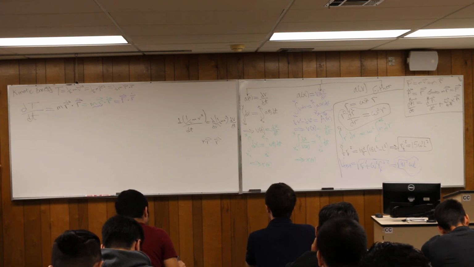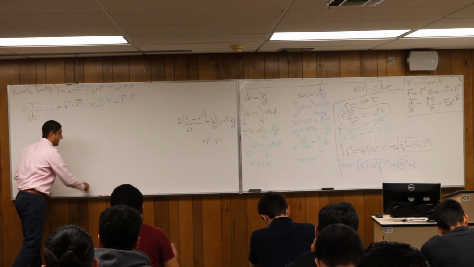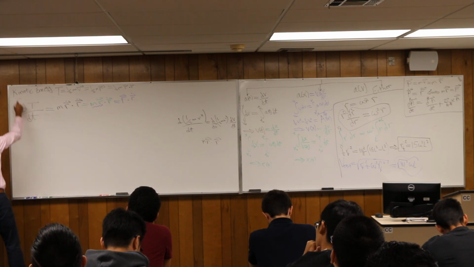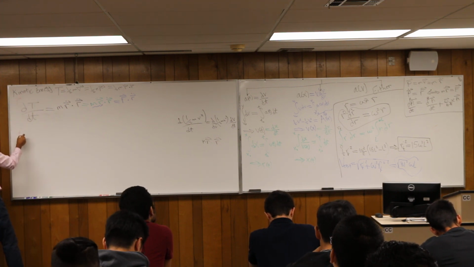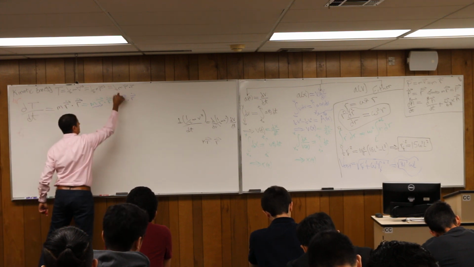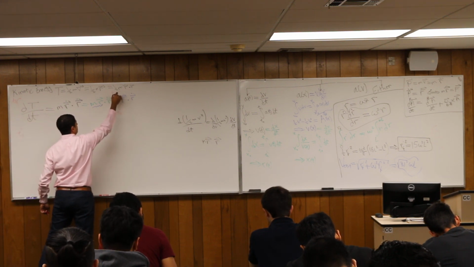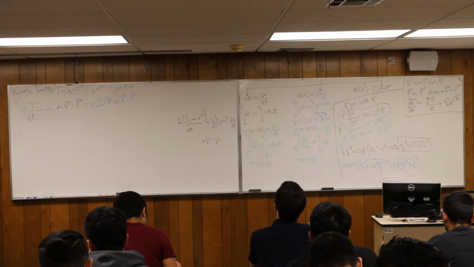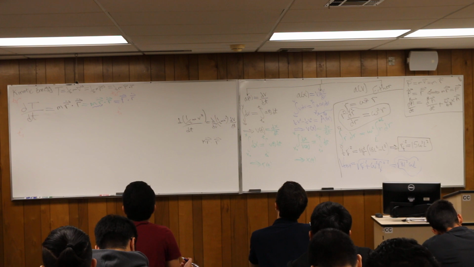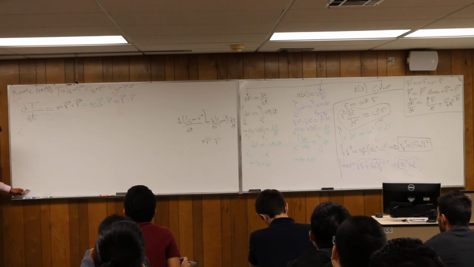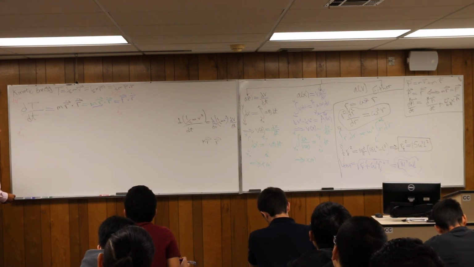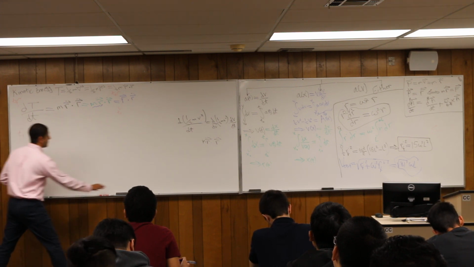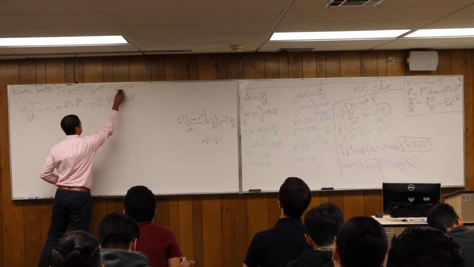Okay, so let's do integration for both sides. Integration of this guy between times t1 and t2. I'm going to multiply also even before the integration. Let's write it in a new line.